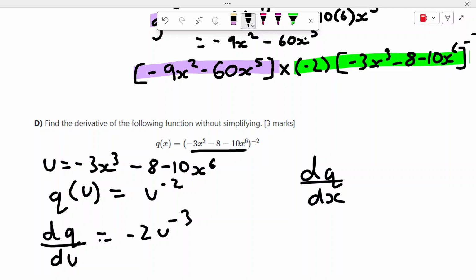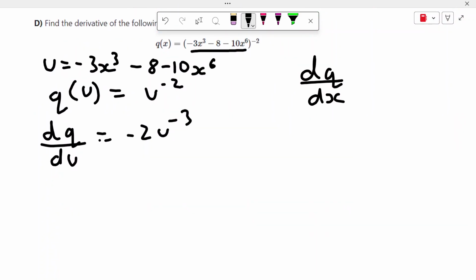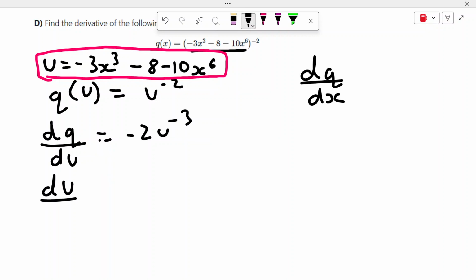One way we can do that is to get u over here and differentiate it with respect to x. So we can write du dx. And that is equal to doing the same steps as above.